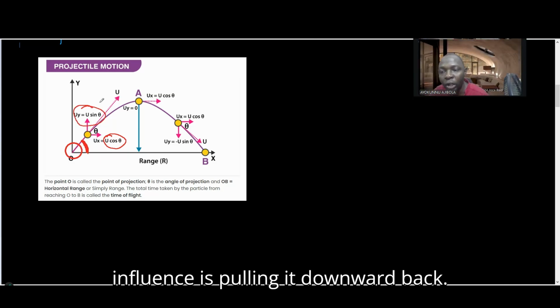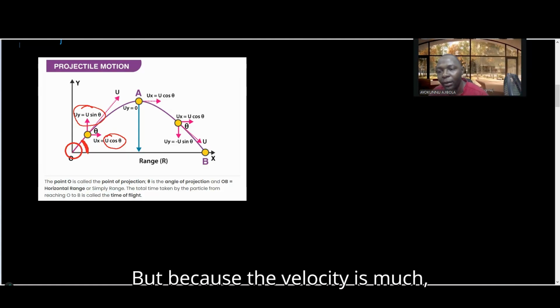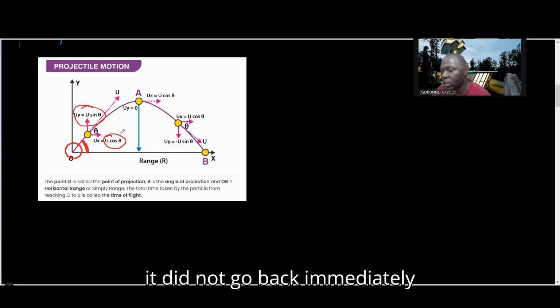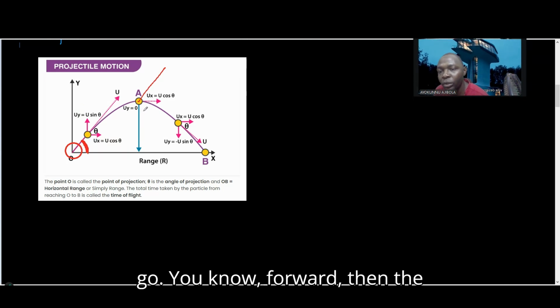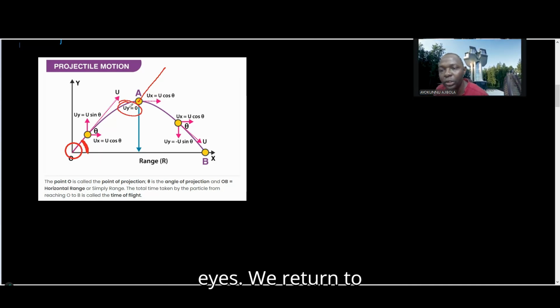Because it's going up, gravitational influence is pulling it downward. But because the velocity is much, it did not go back immediately until it reached a point when it can no longer go forward. Then the height will return to zero.